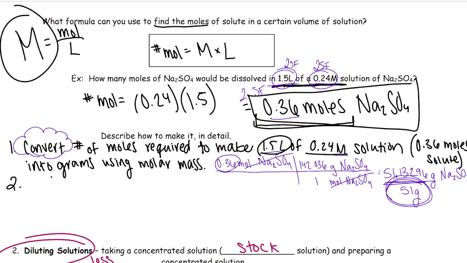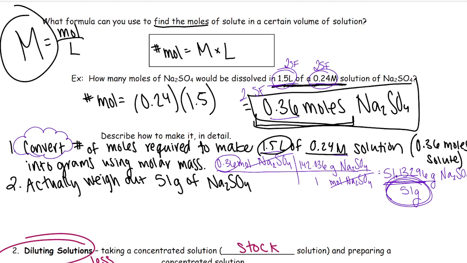So if you calculated it, great. That's like a good first step, is to know how much you need to weigh out. But then your second step needs to be, of course, to weigh out that number of grams. So I'm going to say actually weigh out 51 grams of Na2SO4.